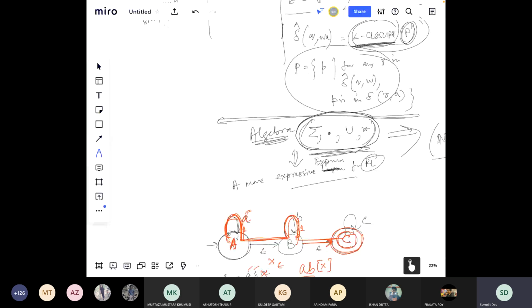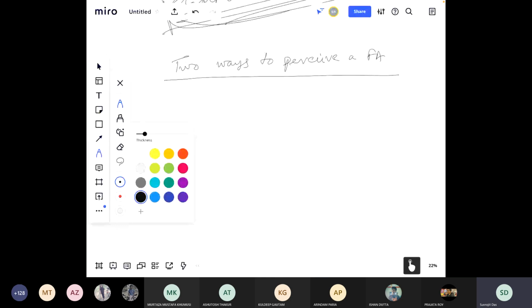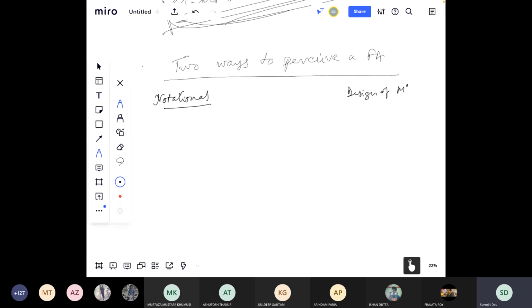So what I was talking about is, there are two ways to perceive a finite automaton, right? One is the machine approach, designing a machine, and another is algebra, a notational approach.